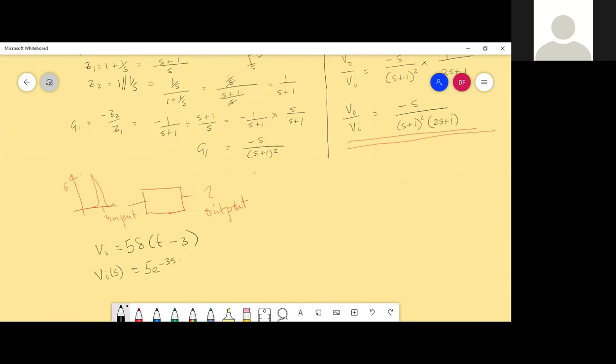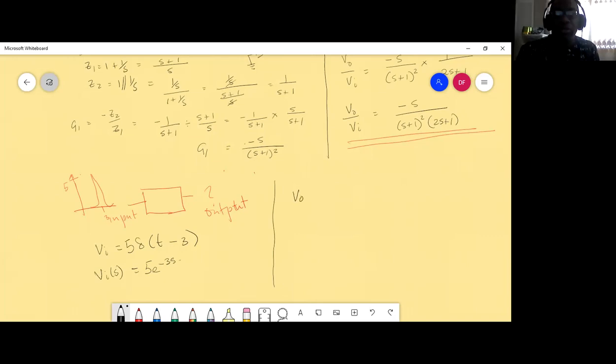So our V out is equal to minus S over S plus 1 squared times 2S plus 1 times V in. So V out is equal to minus 5S e to the minus 3S over S plus 1 all squared times 2S plus 1.